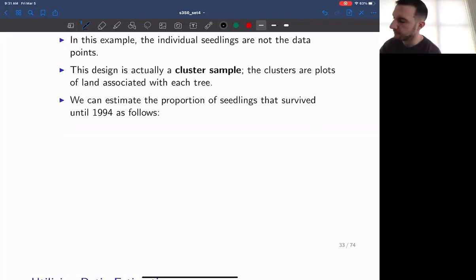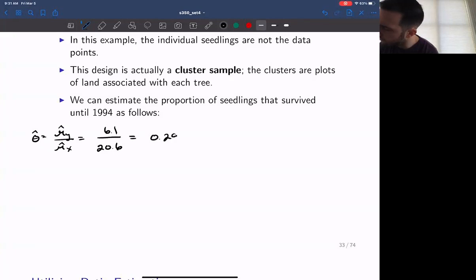So we would have theta hat, sorry, theta hat rather, equal to 6.1 divided by 20.6, which gives us 0.2961.